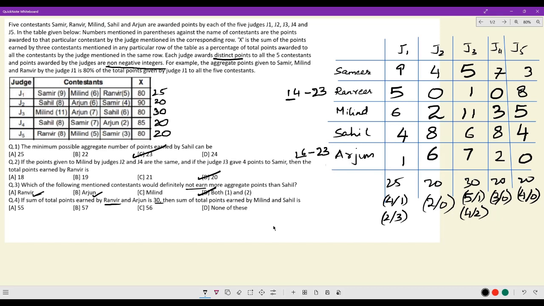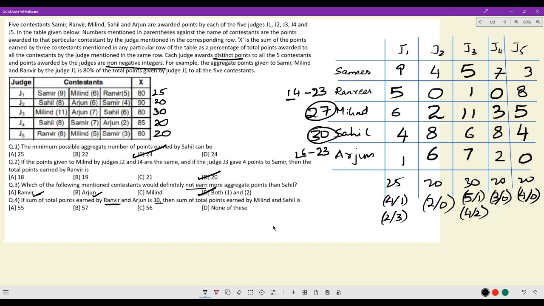These will be the precise scores obtained by people. And now they're asking me what is the sum total of points earned by Milind and Sahil. So Milind will have 8 plus 11, 19. 19 plus 8 is 27. Milind will have 27 then, and Sahil will have 12 plus 12 plus 6. 30.